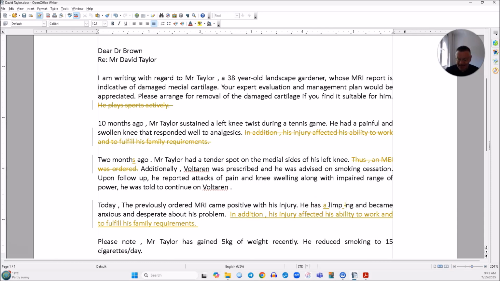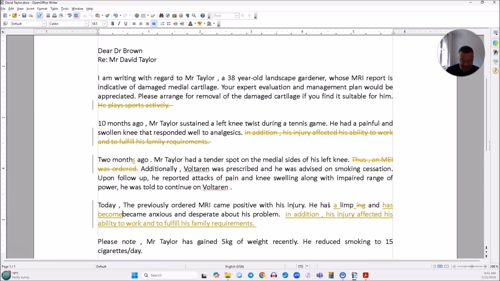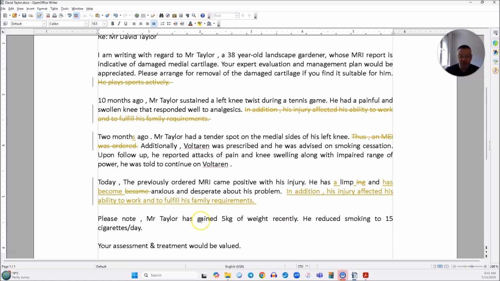And became, well, if using present simple, he has a limp and is, or you want to make it present perfect, and has become anxious and desperate about his problem. Why is he anxious and desperate? Because that's his job, so you can put that there about the job.